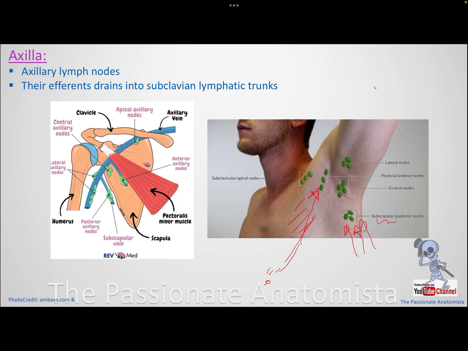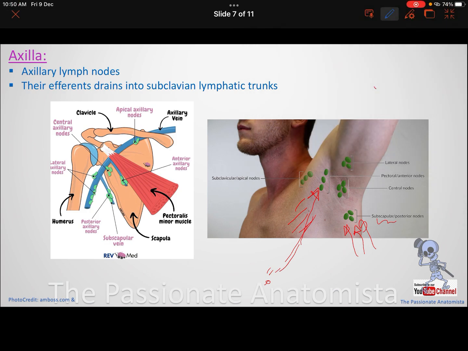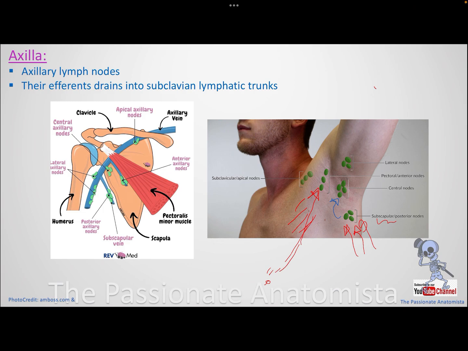Now let's just finish this topic. Definitely that will get into the central nodes, and the central is within the base of the axilla, and it runs in the axillary fat. It's in the center, and they will drain into this, and eventually all of that needs to go to the apical, and they can also drain into the apical.